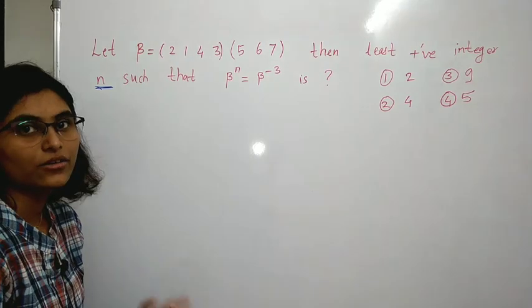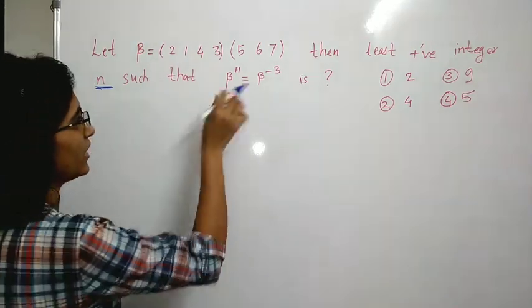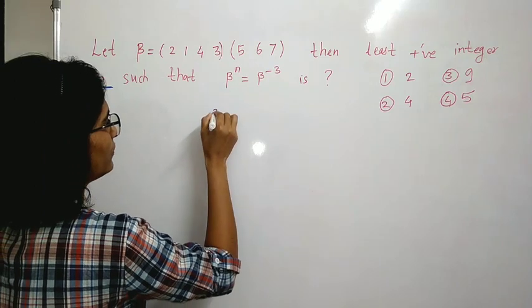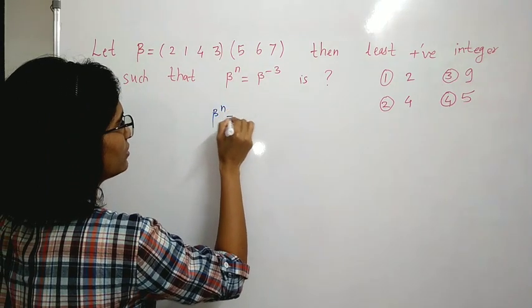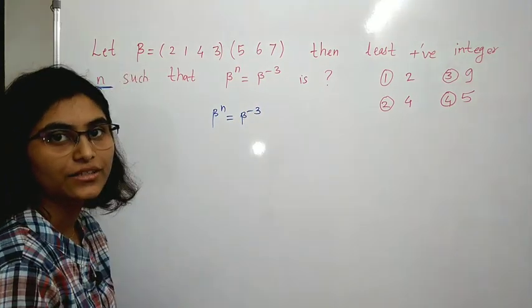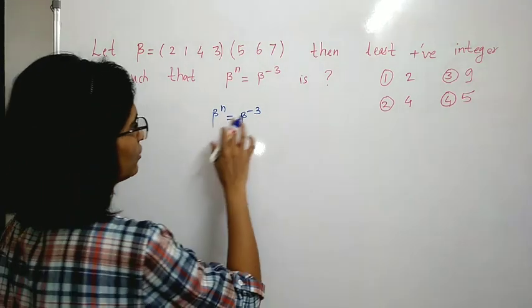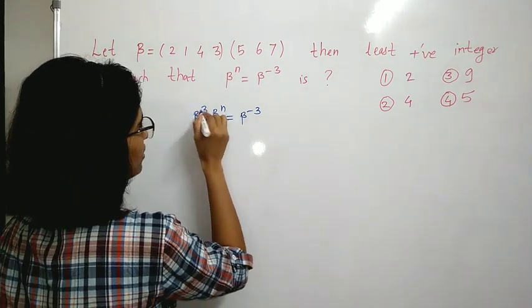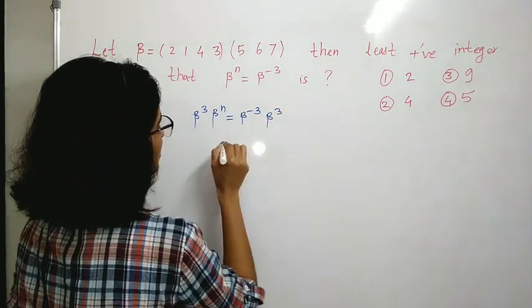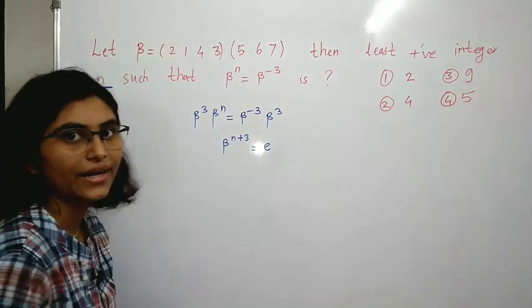Now let us first find this. We have given beta raised to n is equal to beta raised to minus 3. So multiply by beta cubed on both sides. We will get beta raised to n plus 3 is the same as identity.